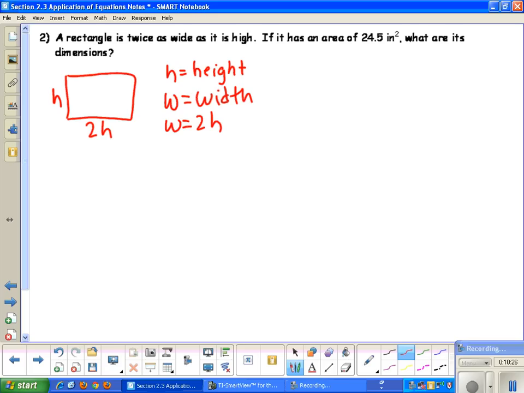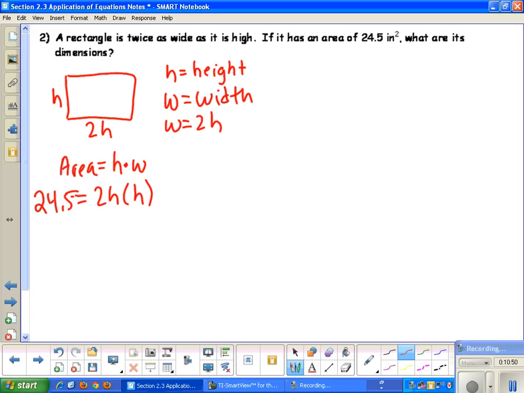Now if the area is 24.5 square inches, the area equals the height times the width. In this case the area is equal to 2h times h, and instead of writing A for area, we know what that's equal to, which we said was 24.5.